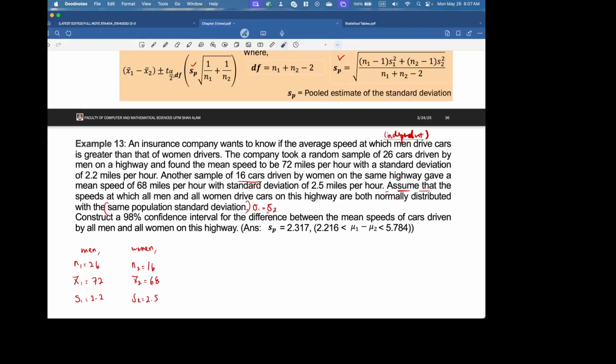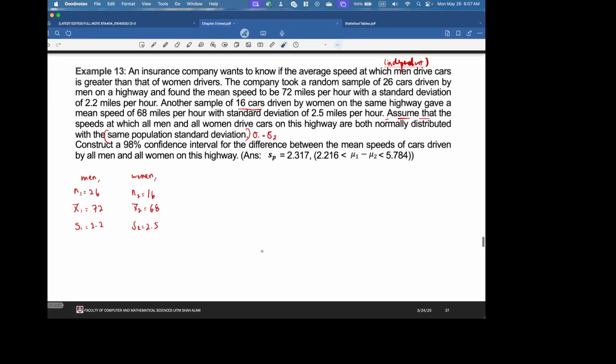For this particular question, the standard deviation given to us is only for samples, so that's why I use S1 as symbols. Since we only have values for S1 and S2, we need to find the table based on the T distribution.